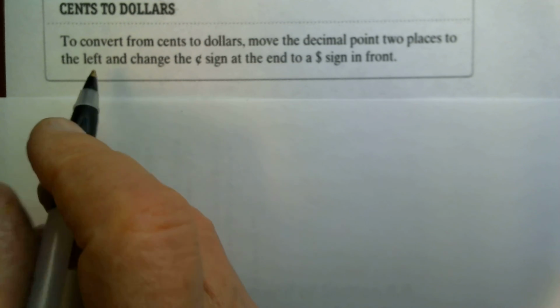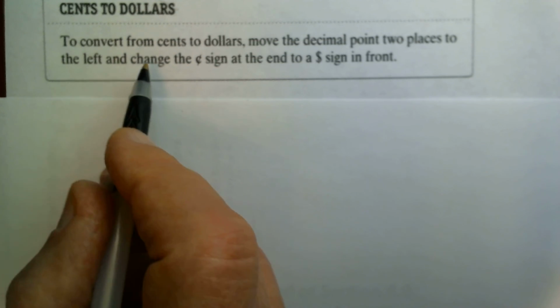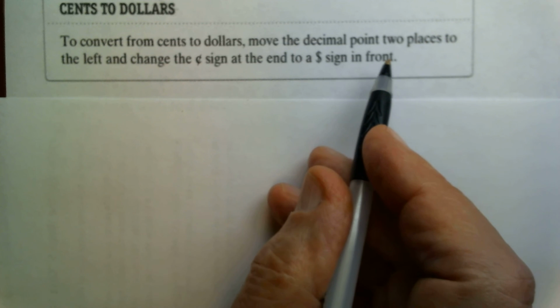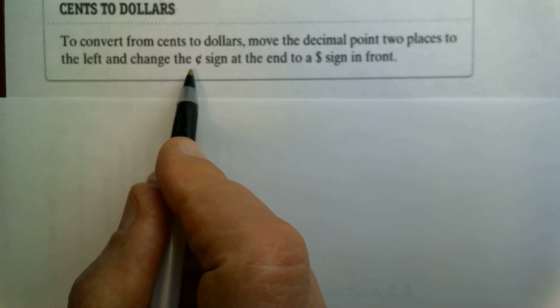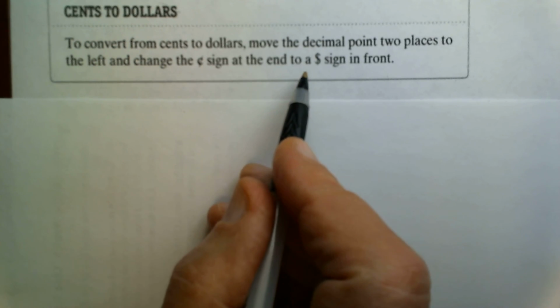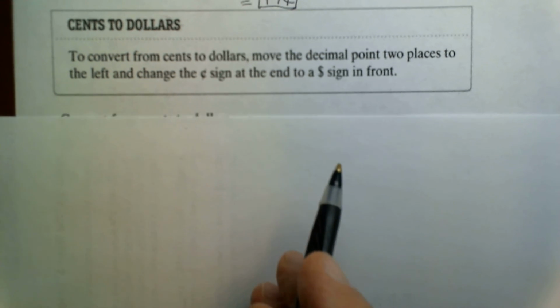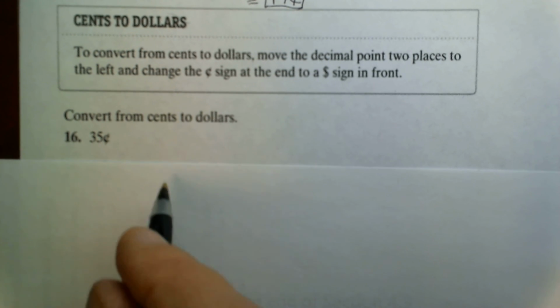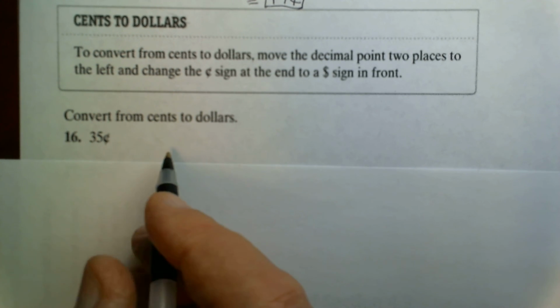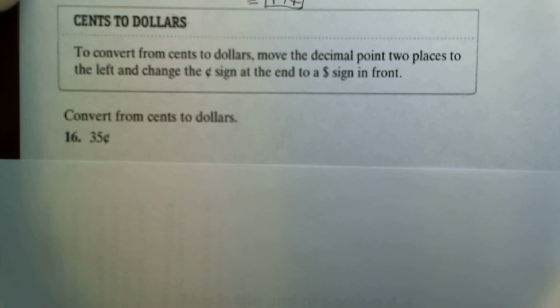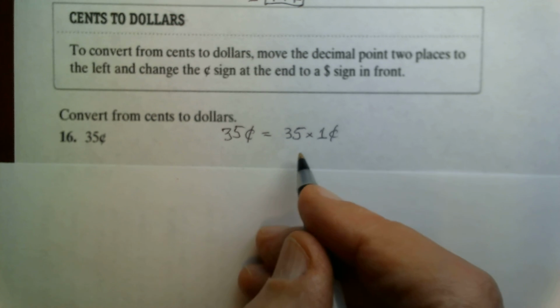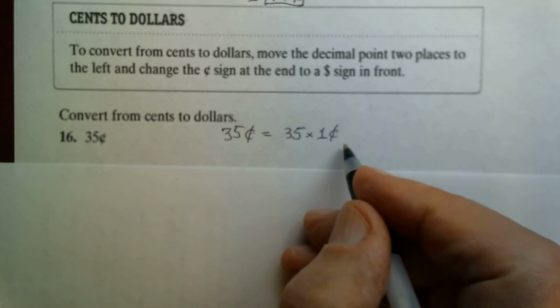When we go in the other direction and convert cents to dollars, we move the decimal point 2 places to the left and change the cent sign at the end to a dollar sign in front. For instance, 35 cents. So 35 cents means 35 times 1 cent.